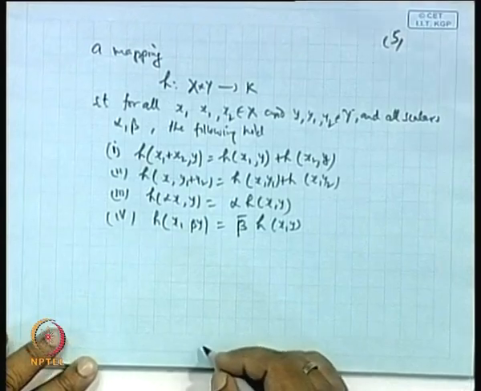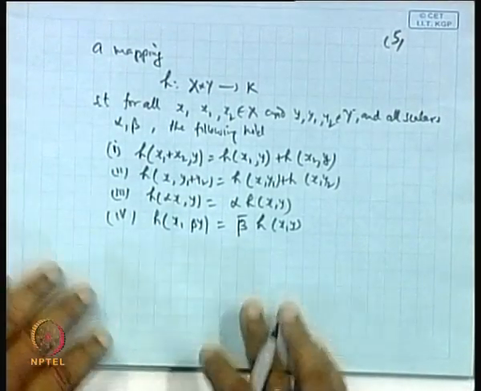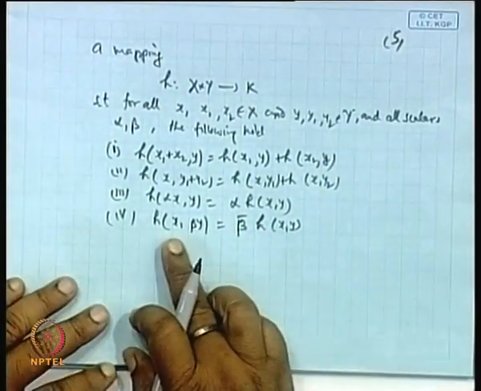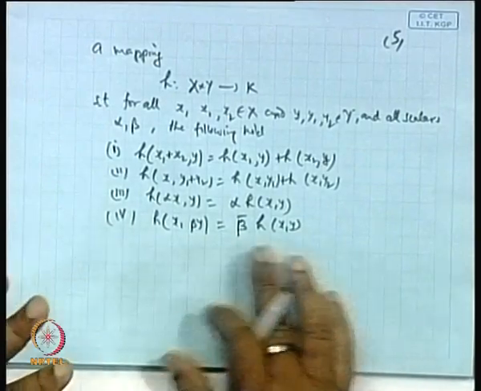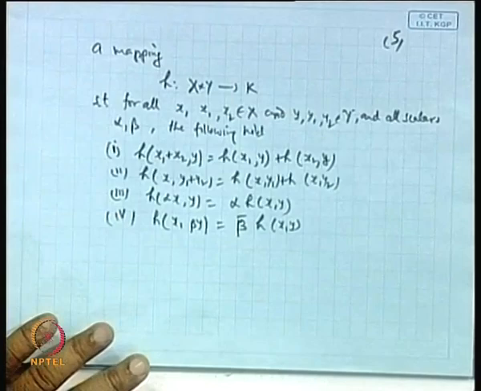Okay? Beta conjugate. Now, if this beta, which is complex, is real, then we simply say beta bar equal to beta, and so on. In that case, H of x comma y equals H of y comma x or something. Okay? So, these properties are satisfied.